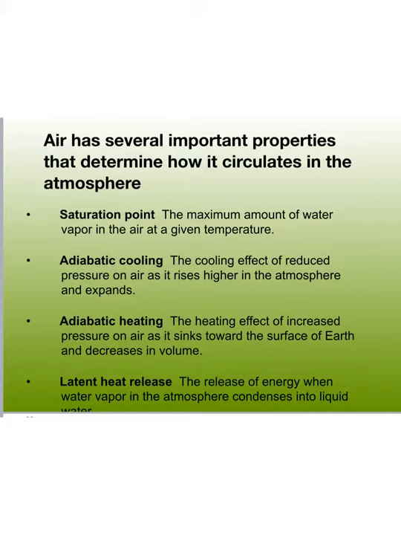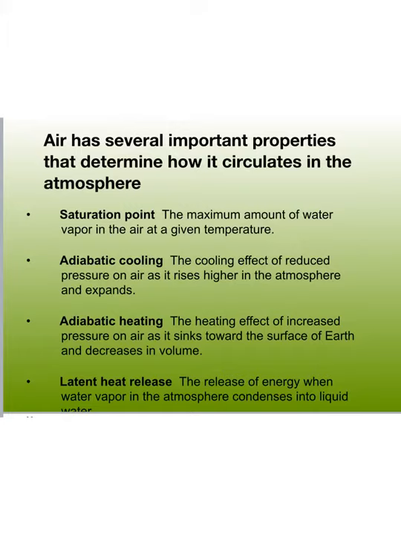And finally, the last property of air that determines how it circulates is the production of heat when water vapor condenses from a gas to a liquid. So as you may know, the sun provides energy necessary to evaporate water on Earth, right? And then convert that into a water vapor, which enters the atmosphere. All right, so in the reverse process, when water vapor in the atmosphere condenses back into a liquid, energy is released as heat. You need to highlight that.